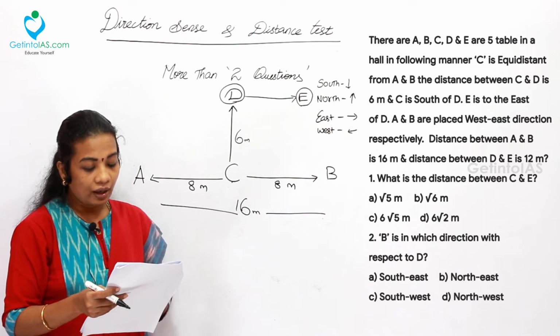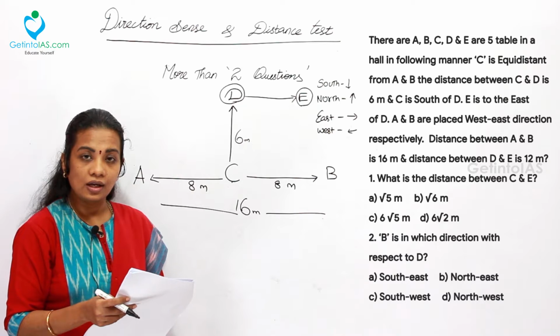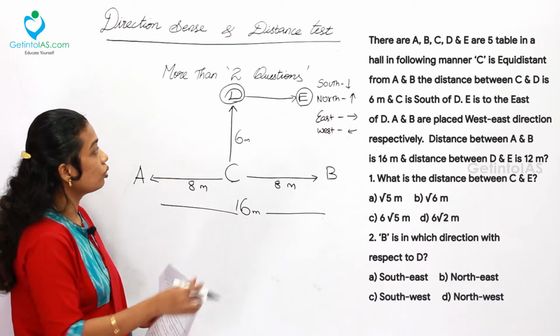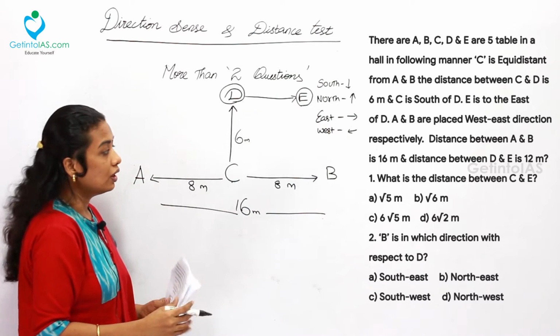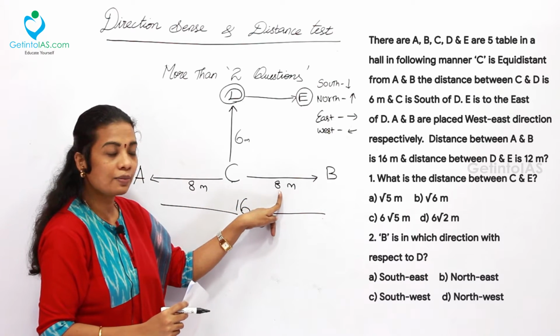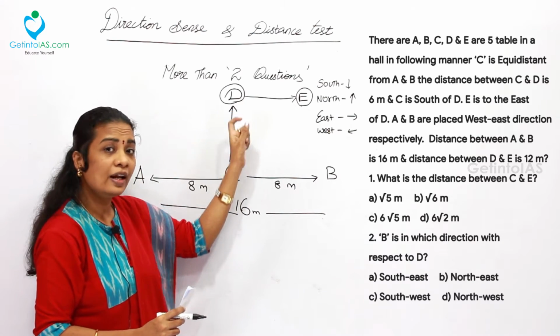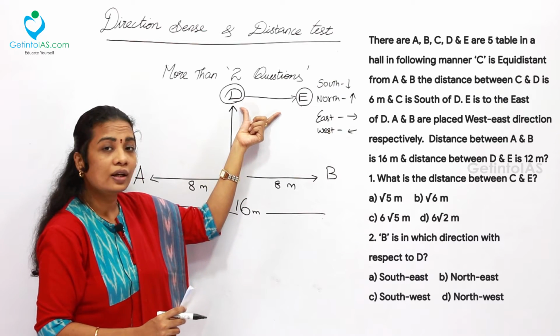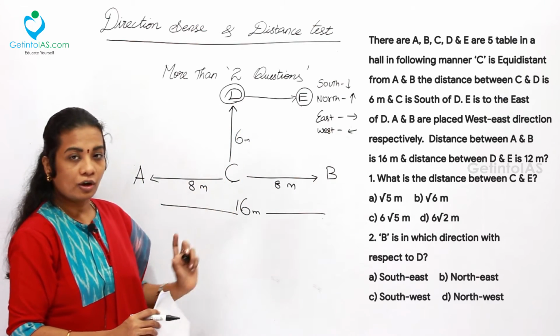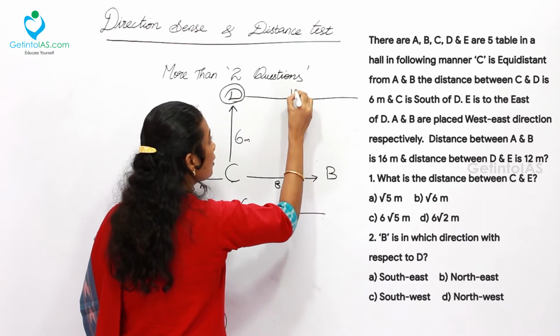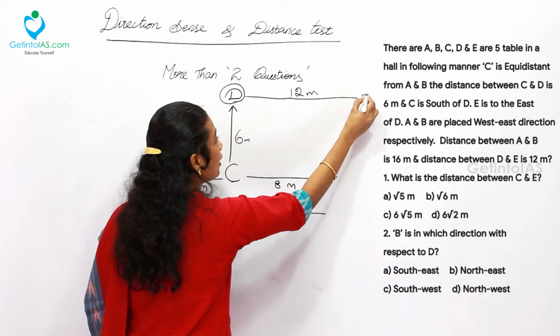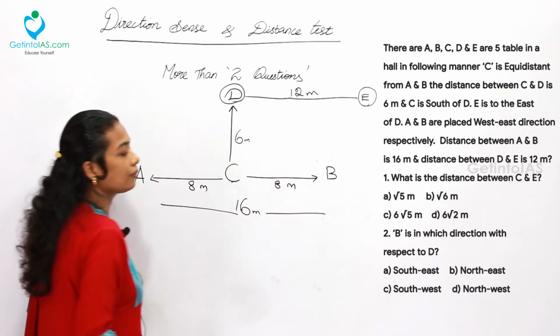Then the next thing, the distance between D and E is 12 meter. Already we have taken 8 meter here, so 12 must be a little larger than the 8 meter. Let's draw that. Now I am making the 12 meter distance and marking E over here.